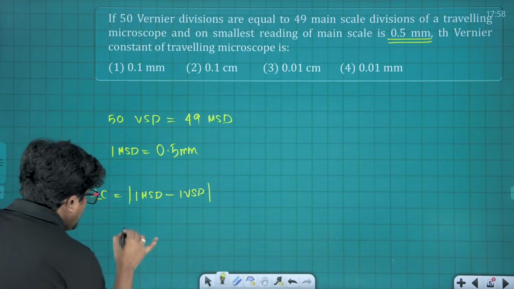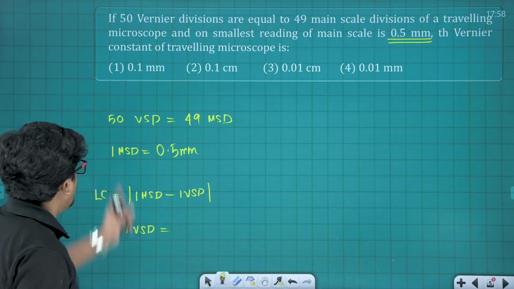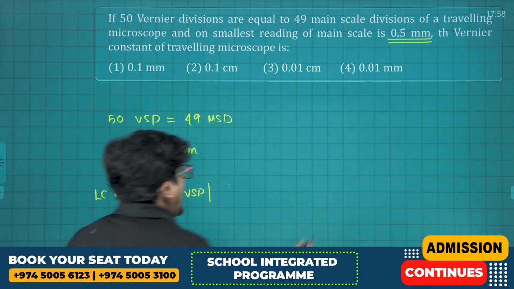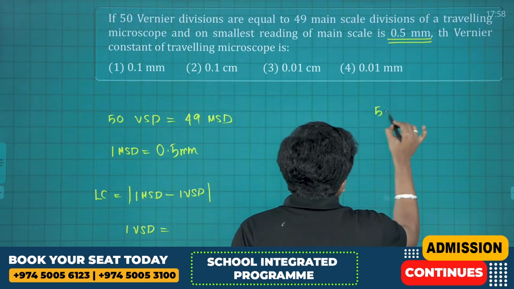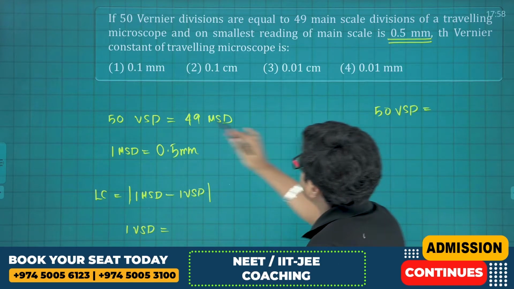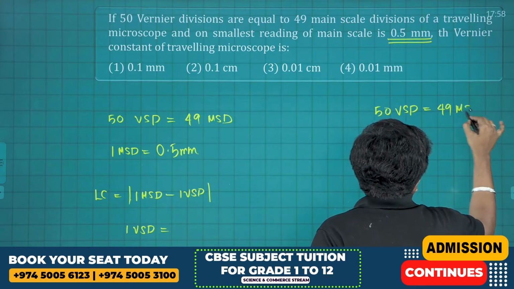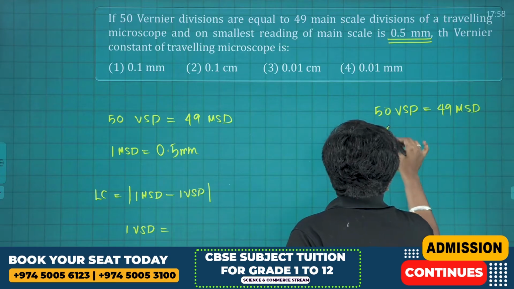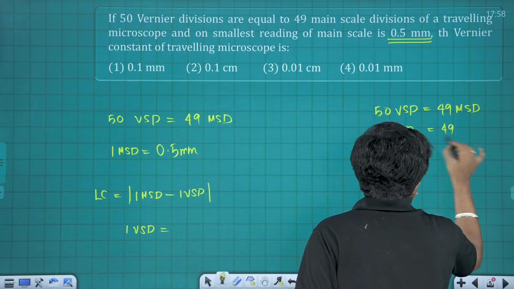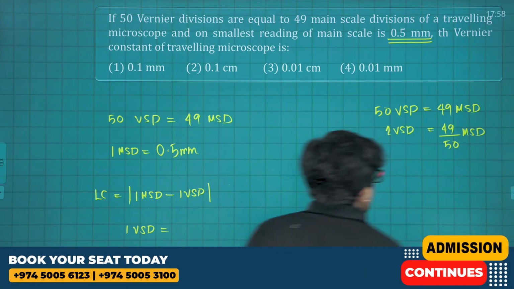So to get the value of one Vernier scale division, I will be going for this particular relation. 50 Vernier scale division is equal to 49 main scale division. So one Vernier scale division is supposed to be 49 upon 50 main scale division.